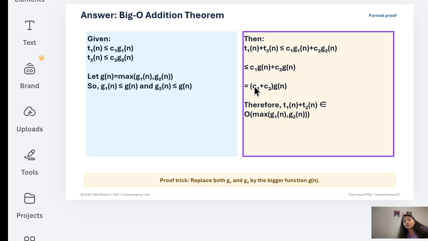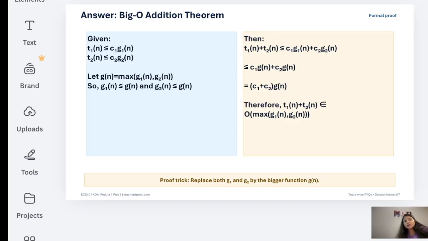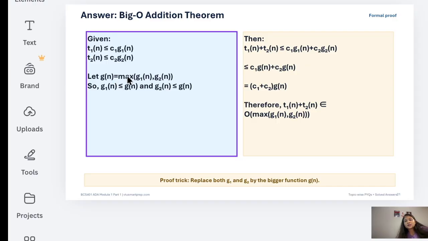I am going to ignore this constant, and here g of n is nothing but the max of g1 of n comma g2 of n.